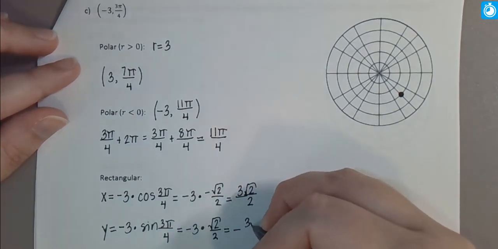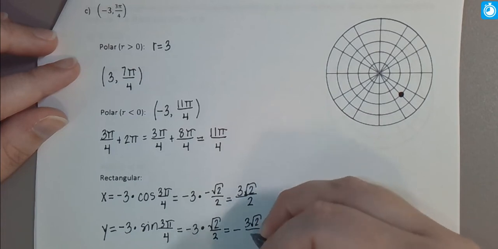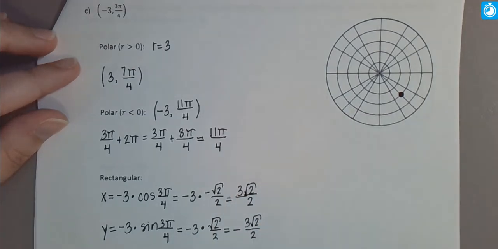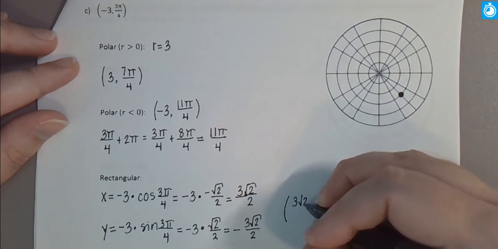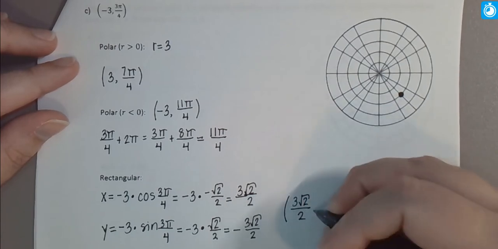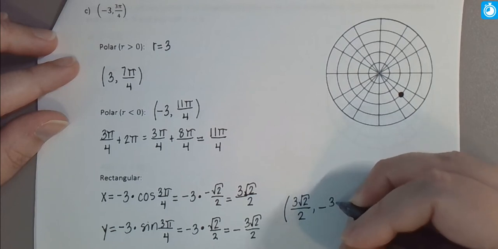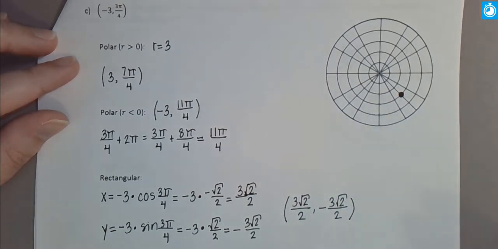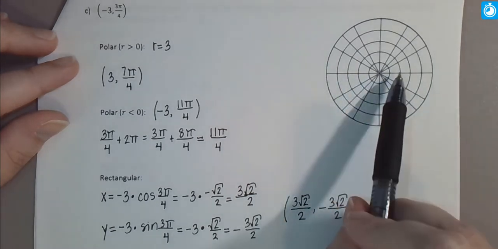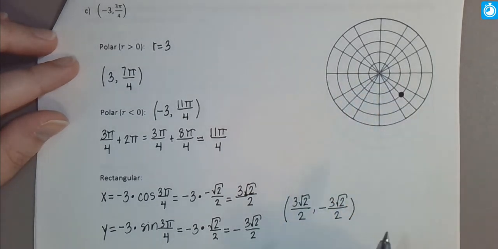So -3√2 over 2. And so our coordinate pair is +3√2 over 2, -3√2 over 2. Notice again, positive x coordinate, negative y coordinate, exactly like we expect.